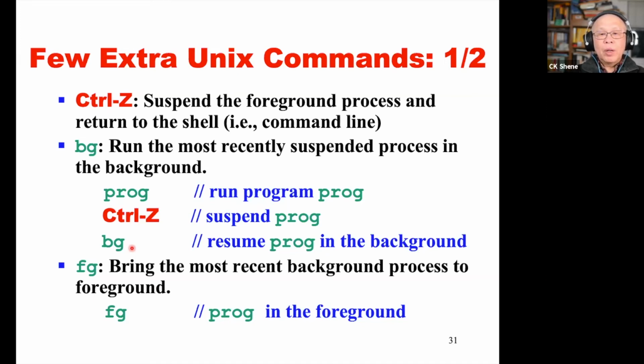Or if you like, you could bring up a game. And I used to do that when I was young, just like you playing games. But in the good old days, games were character games. There's no graphics. We can only use the forward arrow key to move and the space bar to shoot.